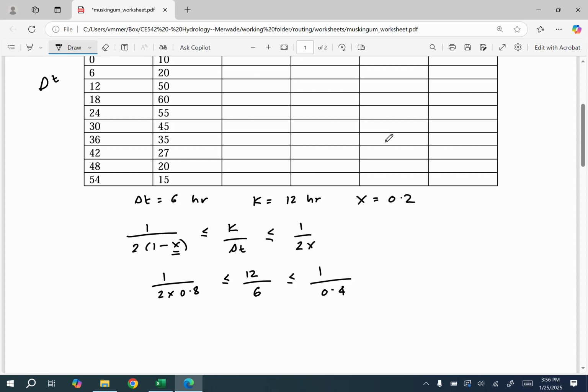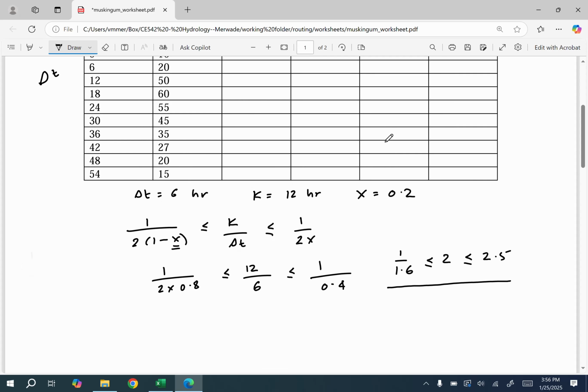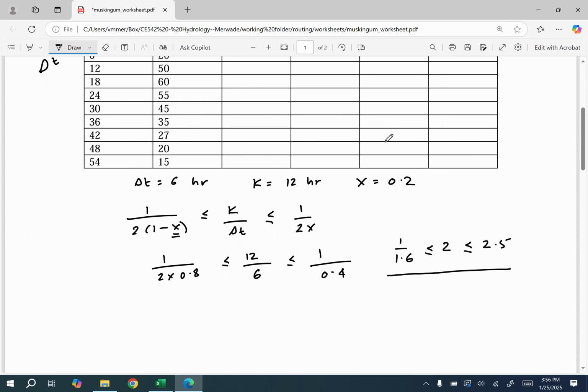So we end up with 2 times 0.8 is 1.6, so 1 over 1.6 less than or equal to 2 less than or equal to 1 over 0.4, which is 2.5. So the stability criteria is satisfied, so we are good to go.